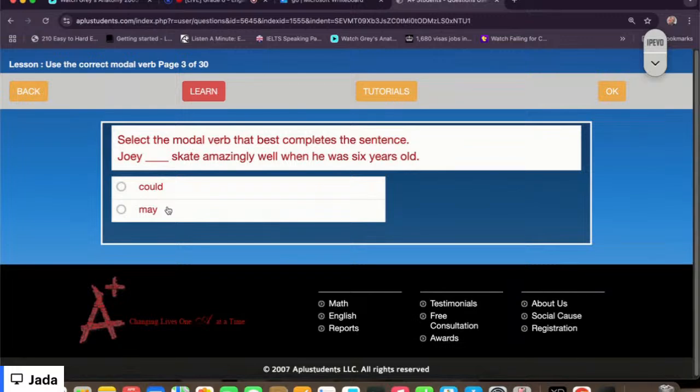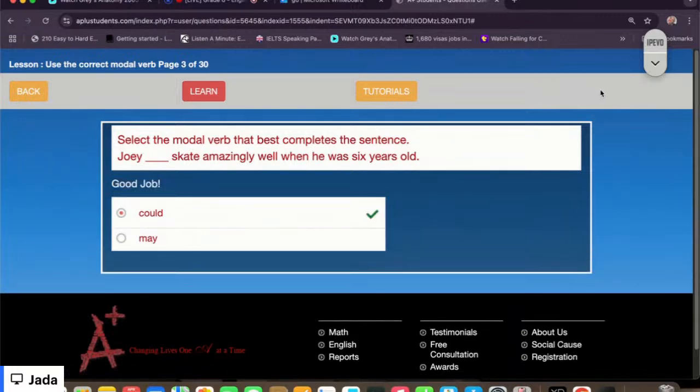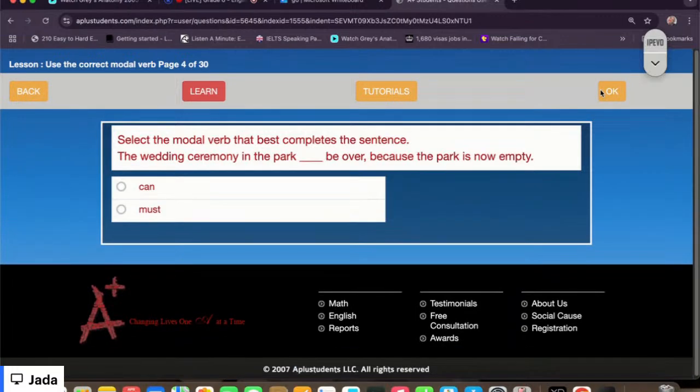So Joey could skate. The wedding ceremony in the park dash be over because the park is now empty.